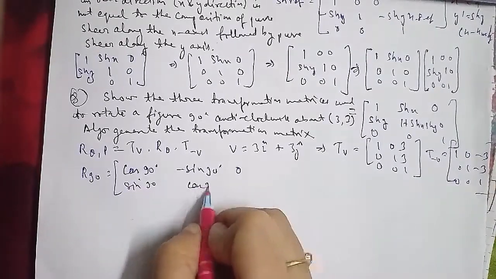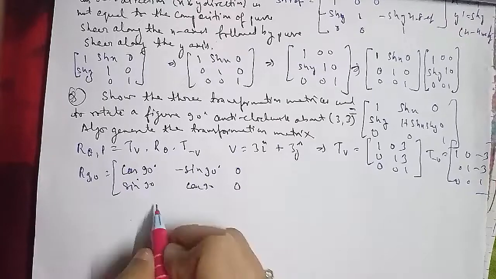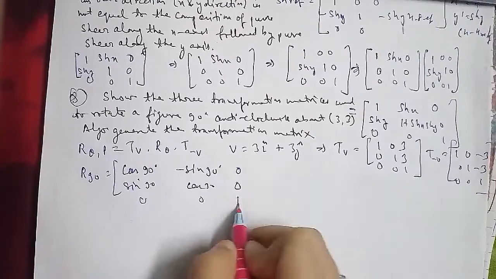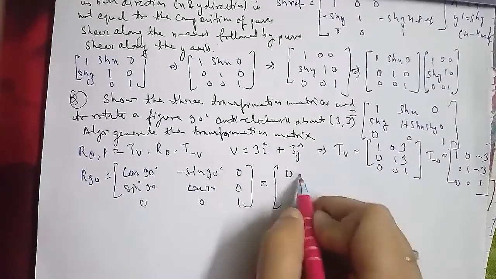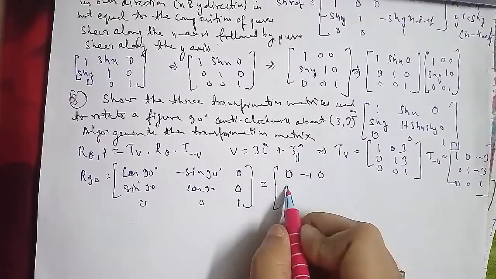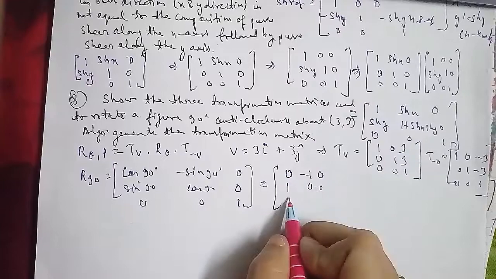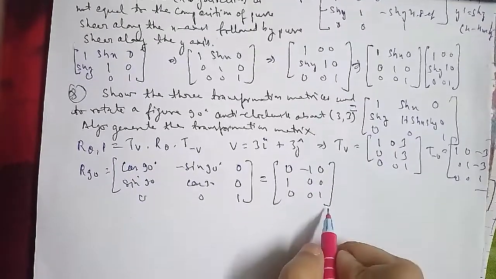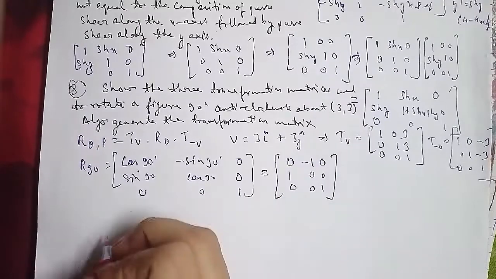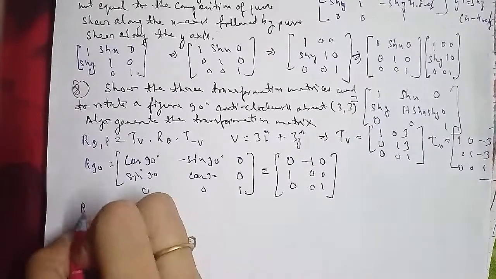Then after that, 1 0 minus 3, that is your T minus V: 1 0 minus 3, 0 1 minus 3, 0 0 1 here. So in the same way we'll go ahead with the further one and solve it out. So that will be 1 0 3, 0 1 3 and 0 0 1.